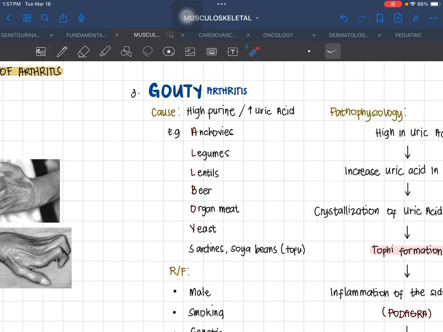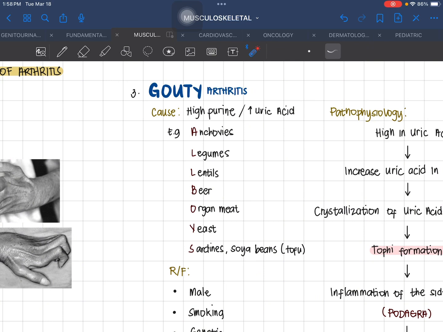Meron tayong word na ginagamit na ALL BOYS. A stands for anchovies, L for lentils, L for legumes, B for beer, O for organ meats, Y for yeast, and lastly S for sardines o soya beans o yung mga tofu.